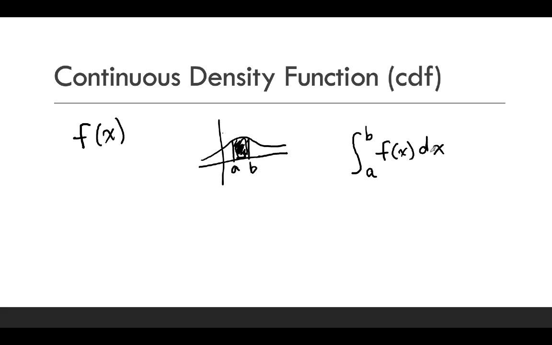Now, the dx is something, if you've taken second semester calculus, you should be very familiar with. But if you haven't, we'll just ignore it. It's an important detail, but for our purposes, we won't be getting into the nitty-gritty of calculus. Okay, but what you do need to know is that this is the expression for the area under the curve f of x between a and b.